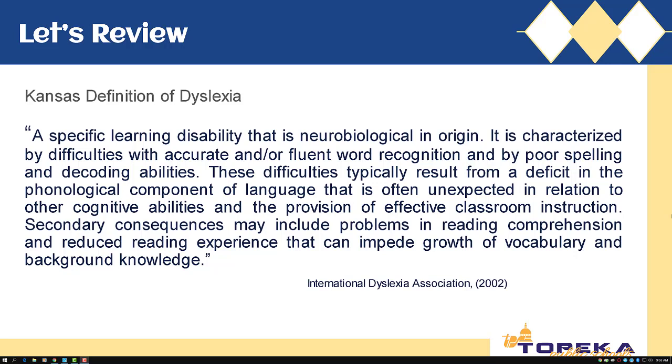These difficulties typically result from a deficit in the phonological component of language that is often unexpected in relation to other cognitive abilities and provisions of effective classroom instruction. Secondary consequences may include problems in reading comprehension and reduced reading experience that can impede growth of vocabulary and background knowledge.